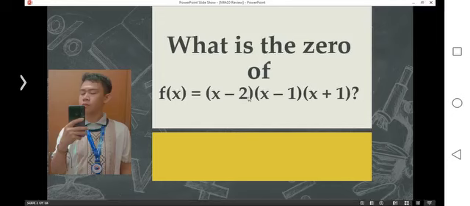All you have to do here is find the inverse of the following. So x must be equal to the inverse of negative 2, that is 2, the inverse of negative 1, that is 1, and the inverse of 1, that is negative 1. Thus, the zeros of this function are 2, 1, and negative 1. So this is the answer.